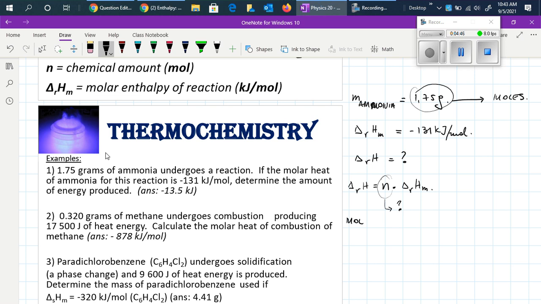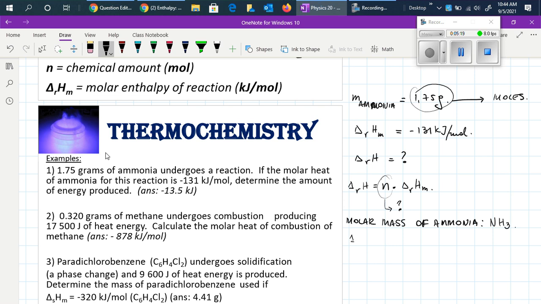So let's figure out the molar mass of ammonia. If you do not remember the formula for ammonia, then your data booklet will be your best friend. On pages 4 and 5, you can find the chemical formula for ammonia, which is NH3.